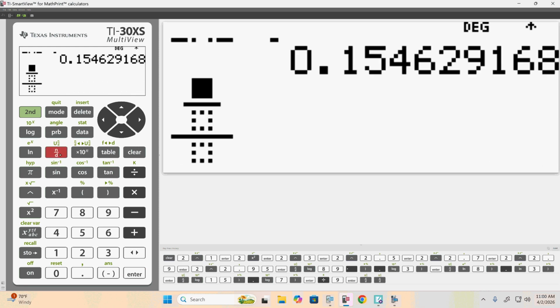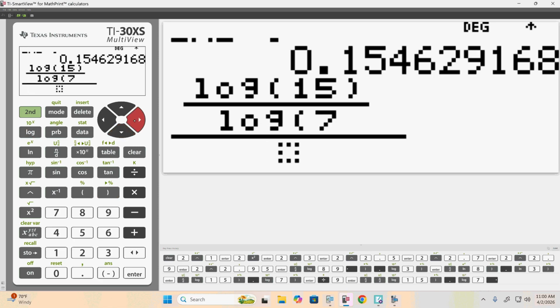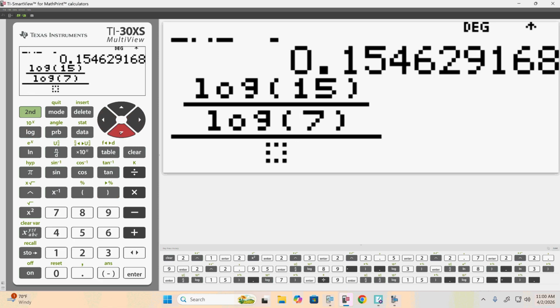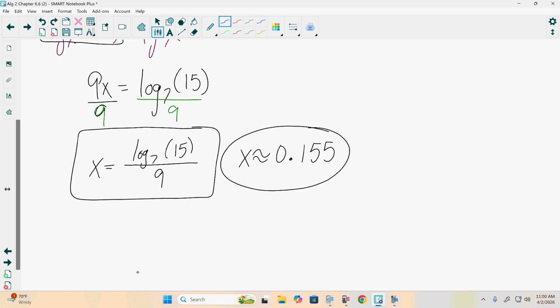Or if we wanted to put it all in at once, log of 15 over log of 7 all over 9 gives us the exact same thing. Change of base makes it look a little more complicated because we have fractions within fractions, but it is the exact same process. Questions on any of this so far?